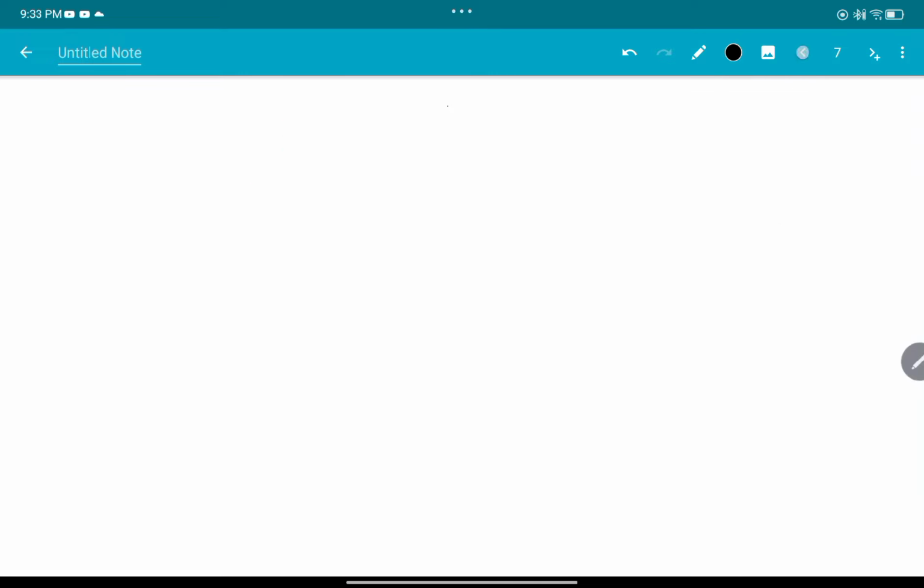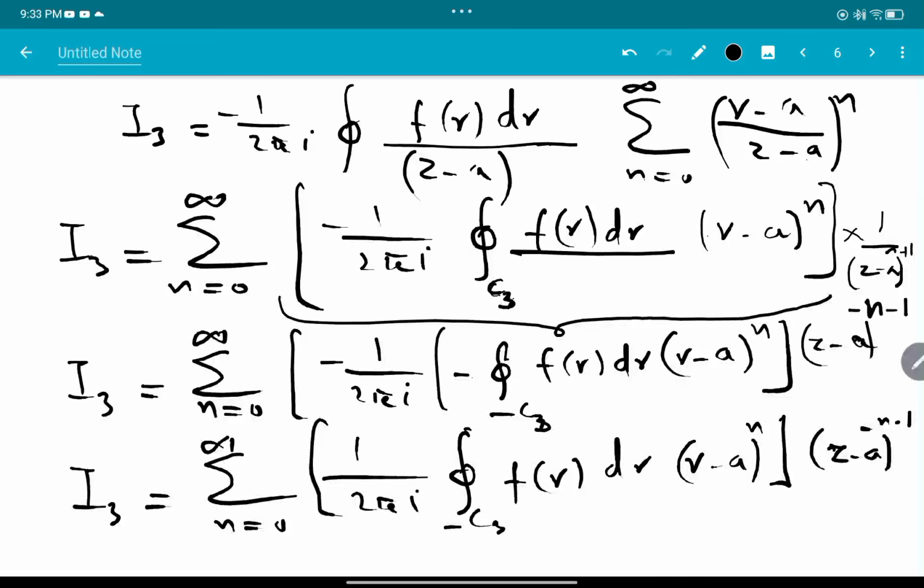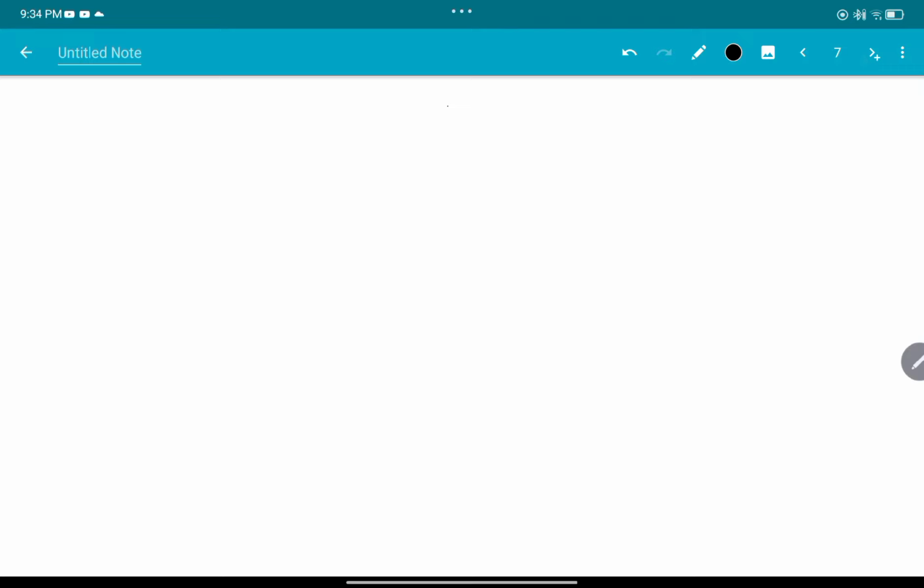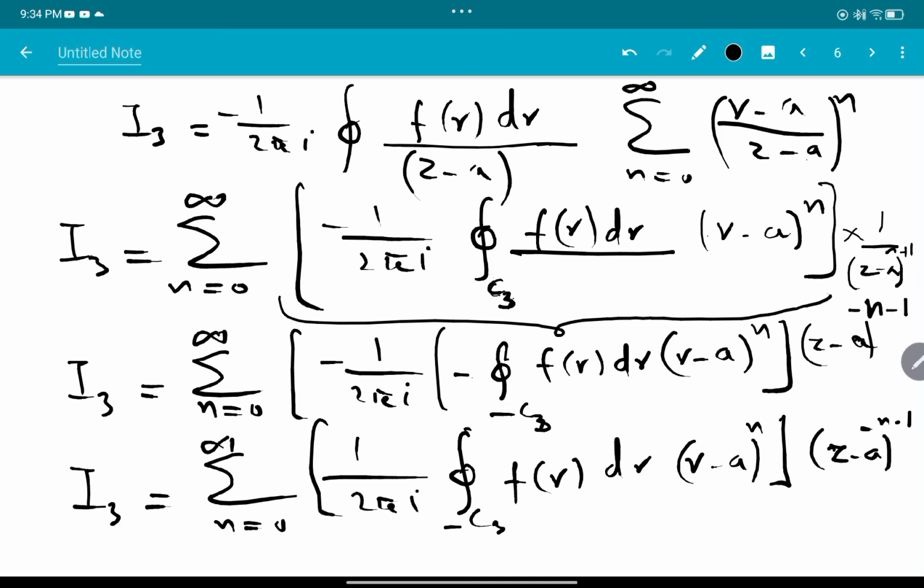Again, this is the problem in this screen recording. I3 is equal to, this is our I3, so I will write it on this.